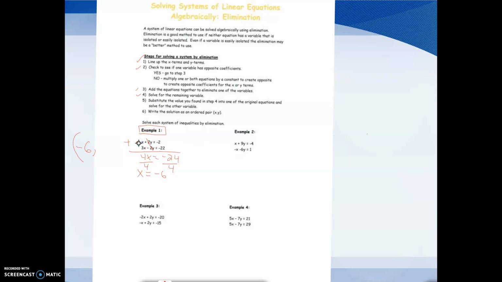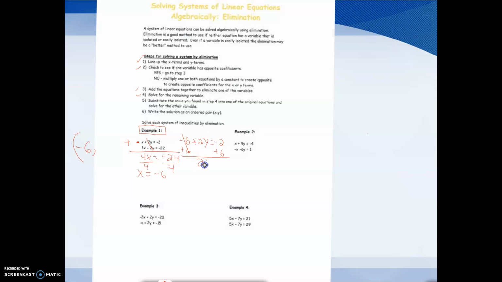So I'm going to take the x, so it's going to be -6 plus 2y equals -2. Okay, fairly simple problem to solve now. Isolate the y. Let's get to it. I'm going to add 6, right? So that cancels.